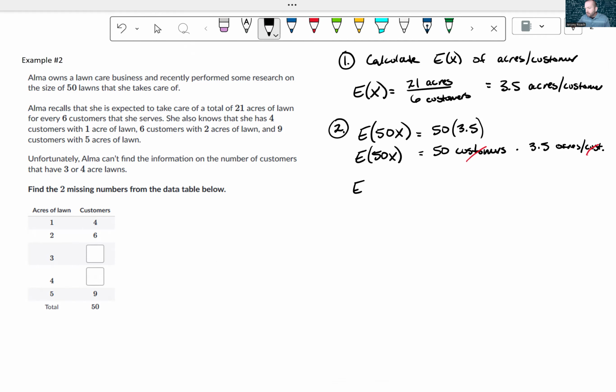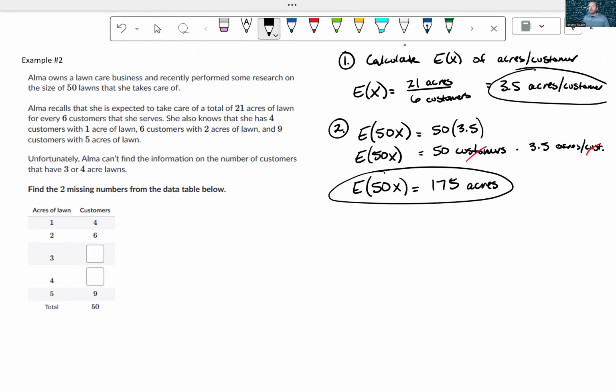So we can say that our expected value of 50 customers is equal to 50 times 3.5, which is 175. Customers and customers cancel out, and we're left with acres as our units. Let me circle our answers for each of these two. Okay, so now we know our expected value for acres per 1 customer and our expected value of 50 customers. Next, let's define our variables.